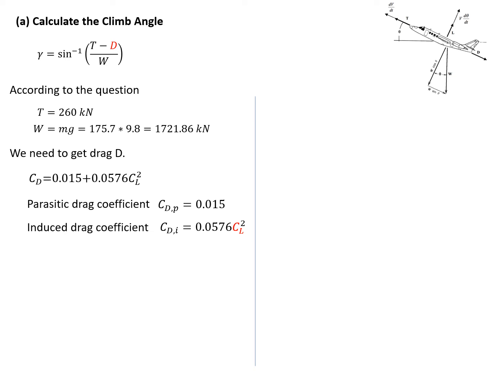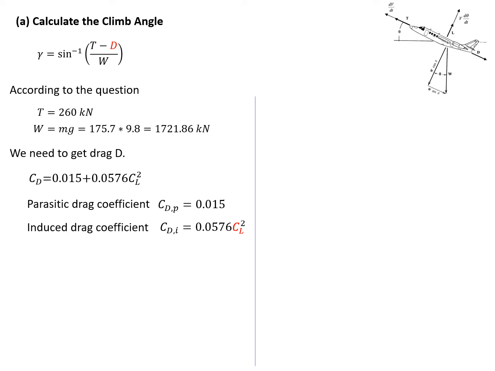And in order to get CL, we can move our eyes towards the top right corner. We see the aircraft climbing, and we can see the weight component along the direction perpendicular to the flight path. That's W times cosine theta.